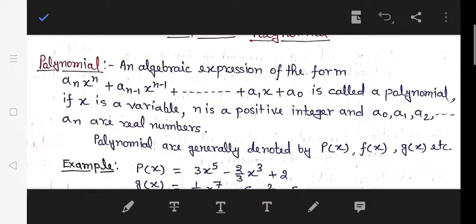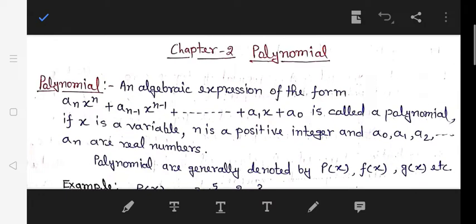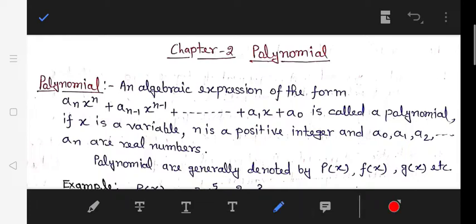So here first I am going to define that definition. Here it is given that an algebraic expression, all of you are familiar with the algebraic expression, contains certain variable terms and numerical values, that is the combination of variables and numerical values. So here in the definition you are going to get an, an minus 1, a1 and a0.